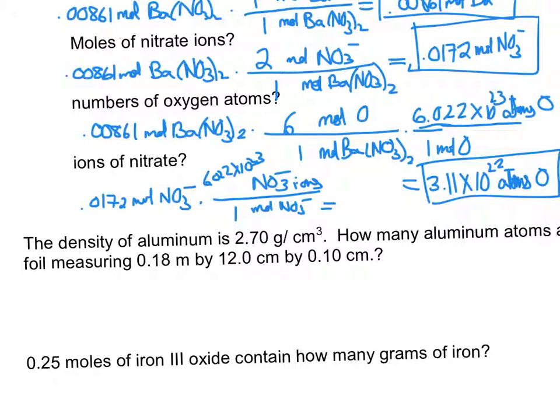And this gives me, I'll write in a different color because it's hard to see here, it's getting crowded, 1.04 times 10 to the 22nd nitrate ions. And that's my answer.